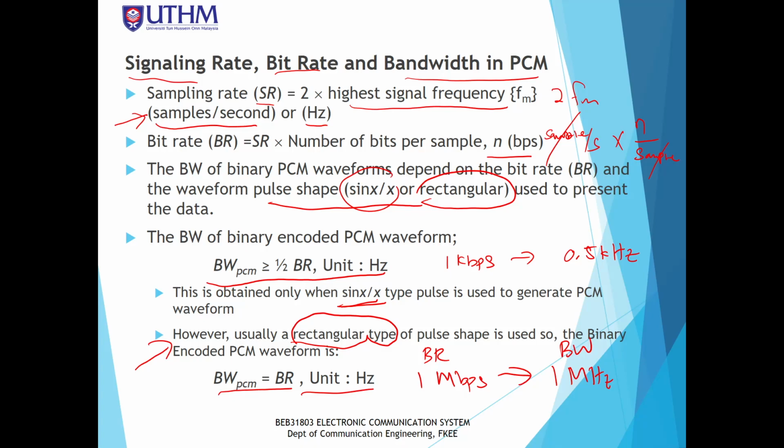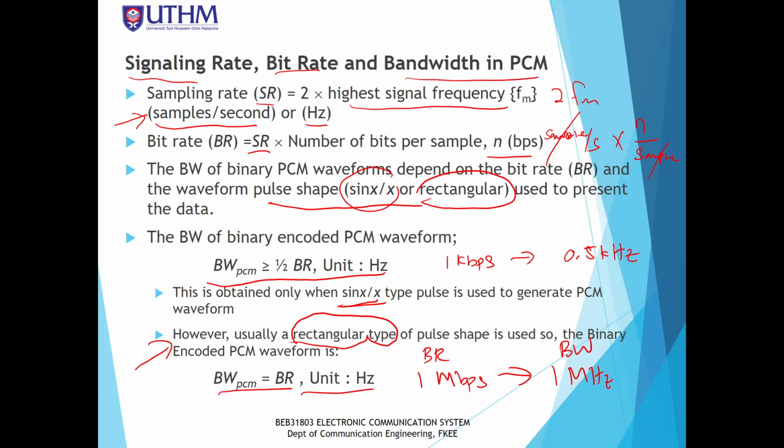The second parameter is the bit rate, or the data rate. Bit rate is equal to the sampling rate SR multiplied by the number of bits per sample.